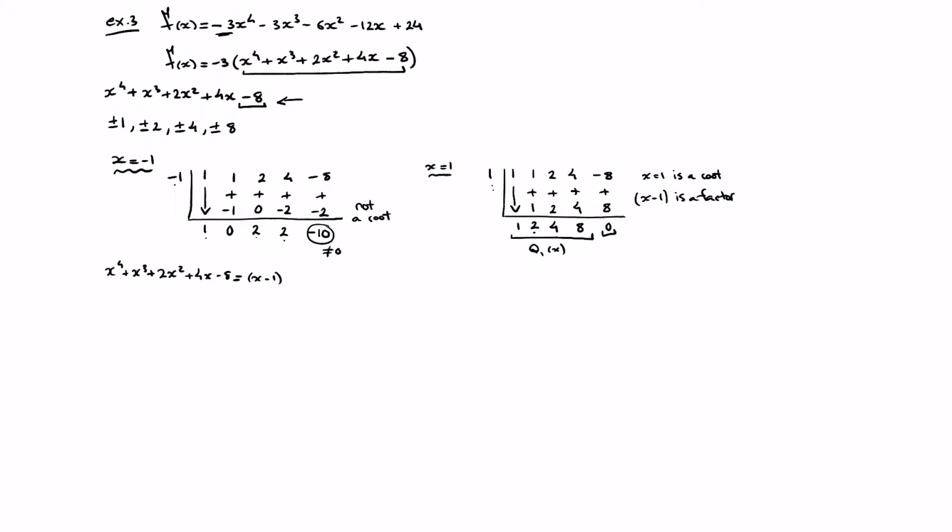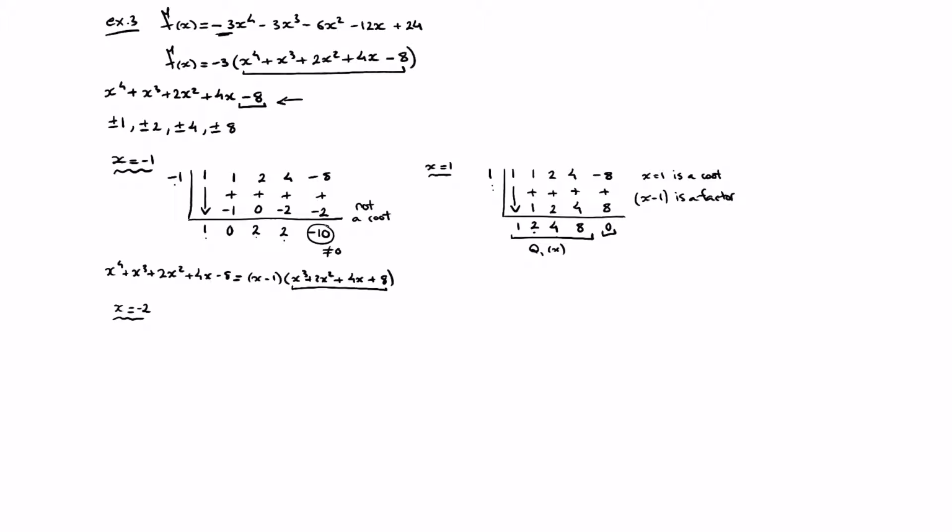And using the coefficients we have there, it's x cubed plus 2x squared plus 4x plus 8. We now focus on q1 of x, which I'm underlining, and we're going to carry on trying out these different factors of negative 8. So the next one would be negative 2.